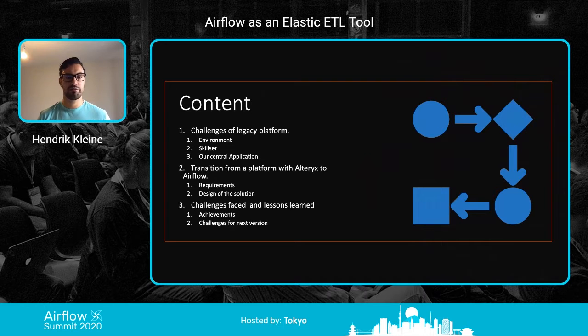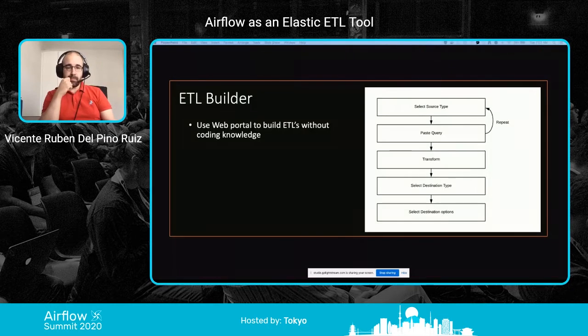So, we'll talk about the data environment that we have, but also of the different skill sets of the different people that work with us, either directly in our team or closely with us, and our objective to really make the most out of that environment and make the most of those people and those different skill sets rather than saying, hey, we need to do everything different and everything needs to be in Airflow right now, and this is the way we're going to do it. So we'll talk a bit more about that, and hopefully you can draw then that similarity to your environment and maybe do something similar or exactly the same that we're doing today.